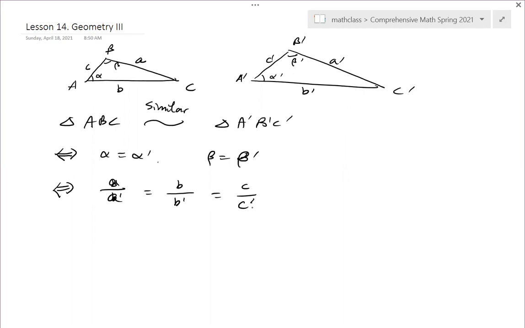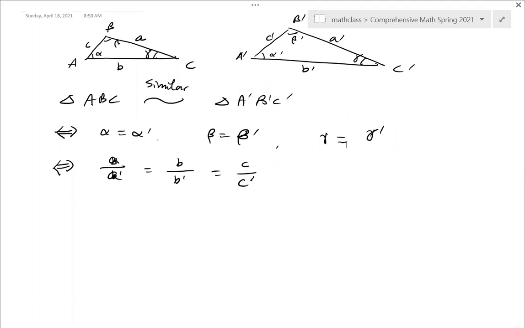Of course you can put a gamma here, then gamma prime, and gamma should be equal to gamma prime. You can use one of them to define the similarity of triangles, and the other one is called the theorem. In most textbooks they use angles to define the similarity of two triangles.